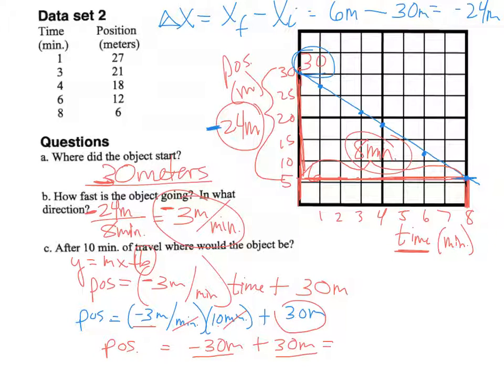Where is this thing after 10 minutes? It's at position 0 meters. It gets back to the origin, the 0 position. That line, if we could continue it, when it hits the x-axis, or the time axis, it's going to be right about at 10 minutes. Oh, that's fantastic. Isn't that just wonderful? Next page.